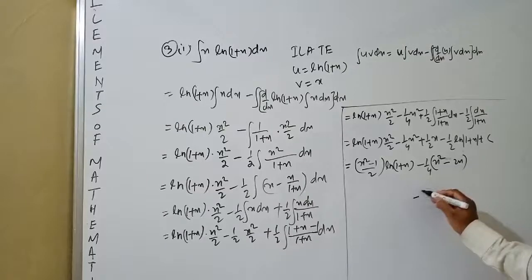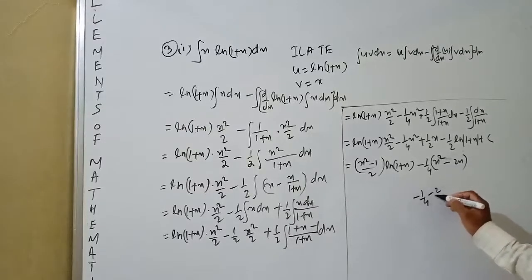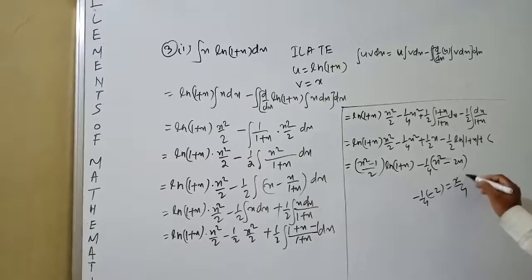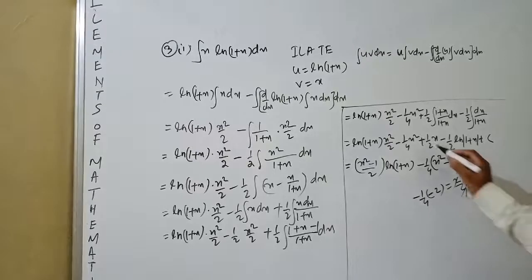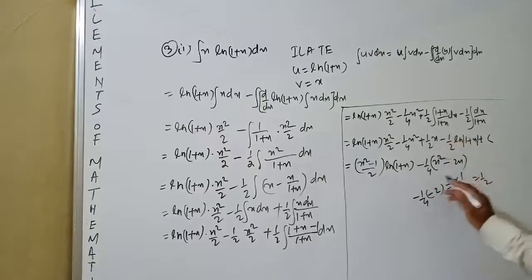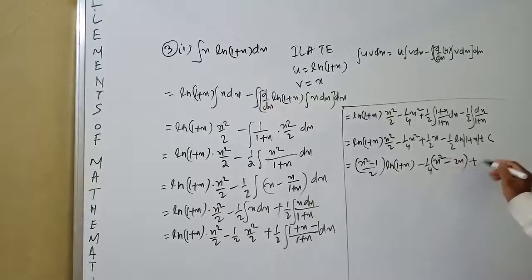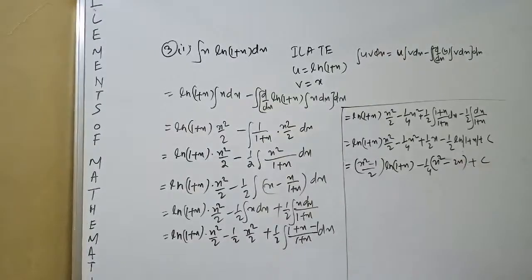If you multiply minus 1 by 4 by minus 2, you get plus 2 by 4, that is 1 by 2. So it is minus 1 by 4 (x square minus 2x) plus c. Pause the video, note it down.